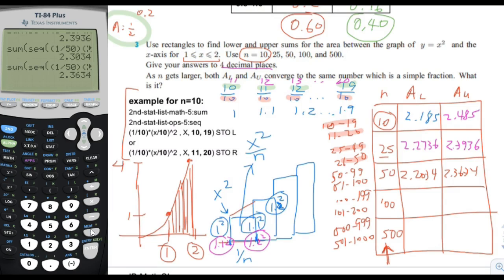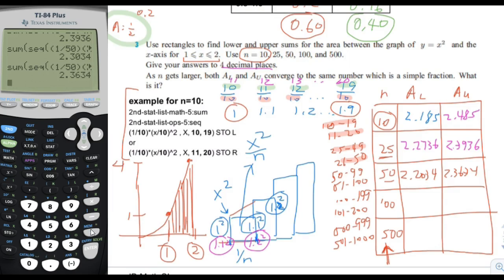And then you need to figure out what whole numbers you want to count through to generate the numbers you want. So for example, for 10, we wanted to count from 1 to 1.9 for the lower rectangles. And for the upper rectangles, we want to count from 1.1 to 2.0. And that's going to vary a little bit depending on the size of your rectangle, right?